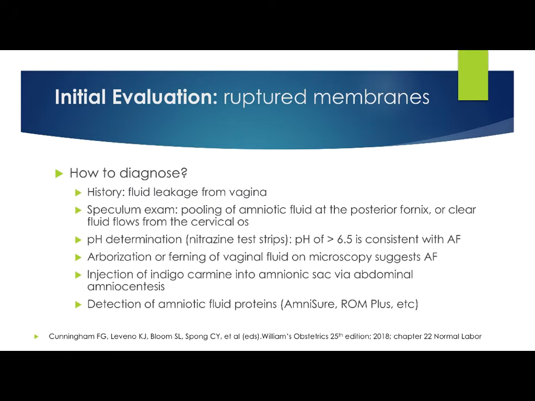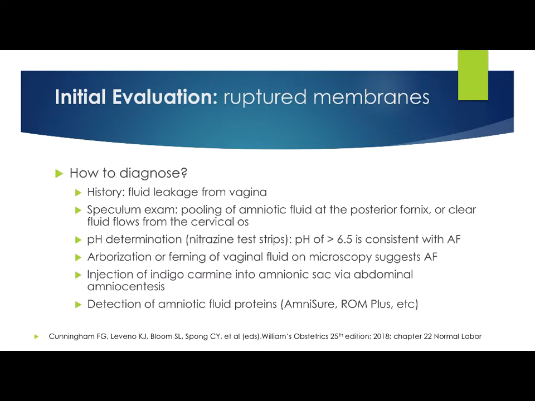Now, if there's not much amniotic fluid pooled in the posterior fornix, or you don't see much fluid flowing out from the cervical os, then we can do pH determination. We test the pH of the fluid that we can get from the vagina. If the pH of that fluid is more than 6.5, then that is consistent with amniotic fluid. Another test that we can do is the Ferning test.